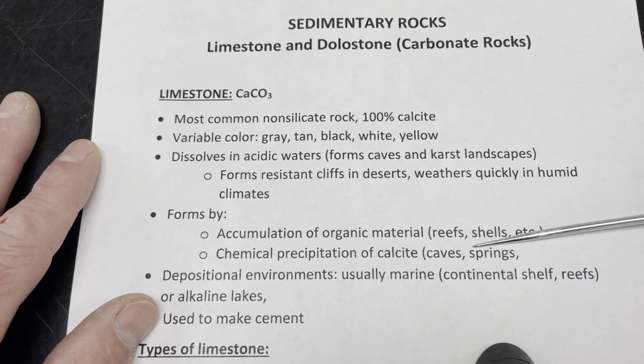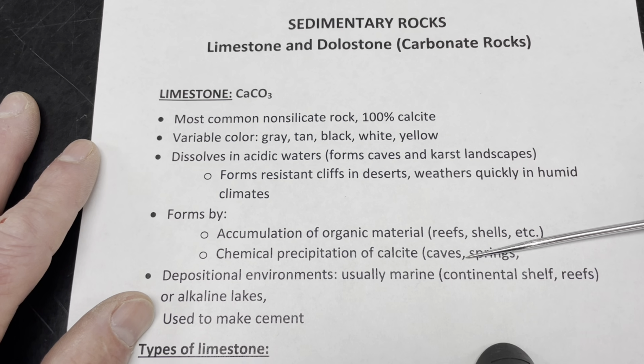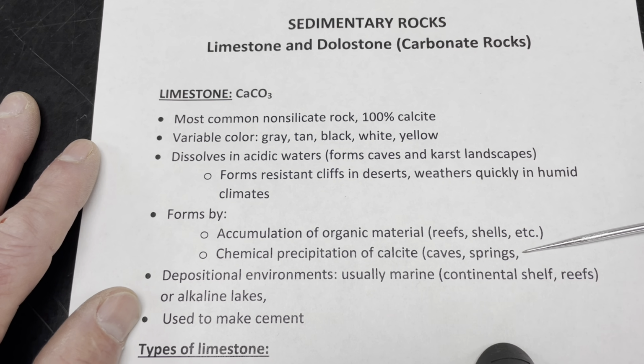We see this dominantly in caves. If you've ever seen a stalactite or stalagmite in a cave, those are technically small limestone deposits of calcite. You might see it around springs, maybe like Mammoth Hot Springs in Yellowstone, where we have these extensive travertine terraces. Travertine is a type of limestone we'll look at. So those are probably the dominant two ways.